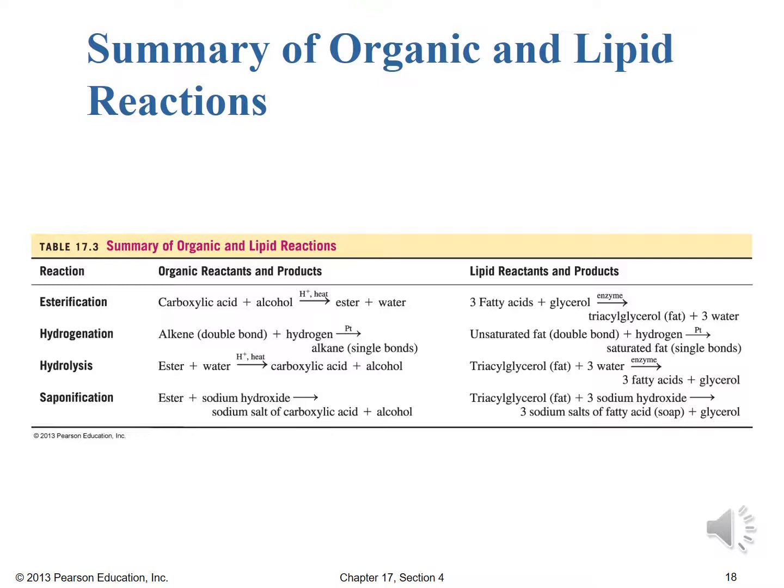If we wanted a softer soap, we'd use potassium hydroxide and higher unsaturated fatty acid content. So there we go, a nice summary of those reactions for both the generic organic chemistry cases that we've seen previously, and now the specific lipid reactions.